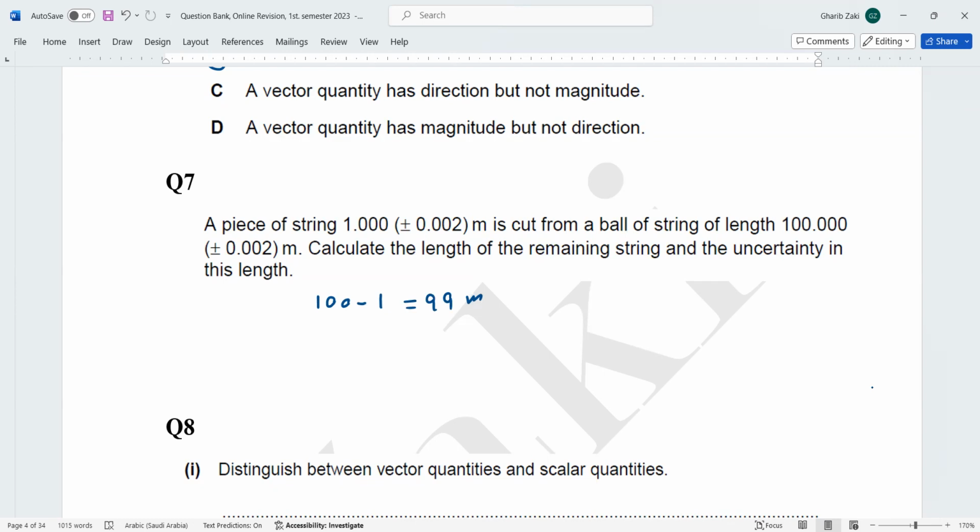The sum of uncertainties is 0.002 plus 0.002 also equals 0.004.